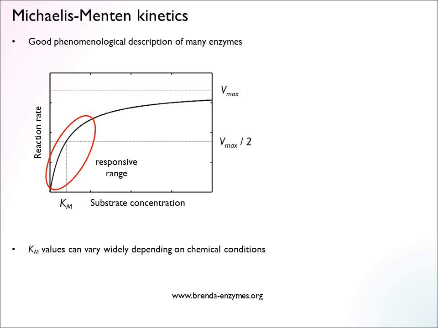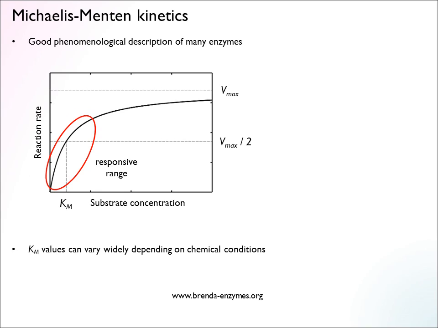So at what concentration of substrate is the enzyme going to start working efficiently? This is the responsive range, around Km, plus or minus some factor. Here is really where you would expect substrate concentrations to be in a cell so that the enzyme can respond to them.